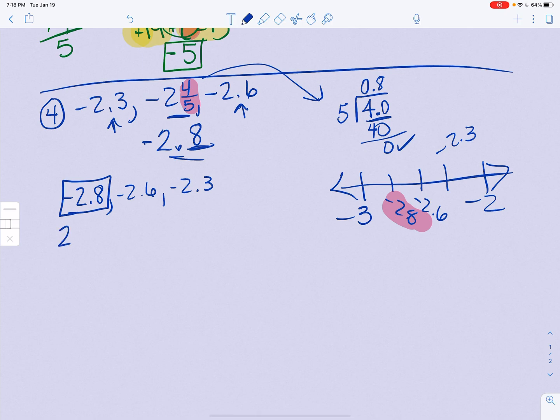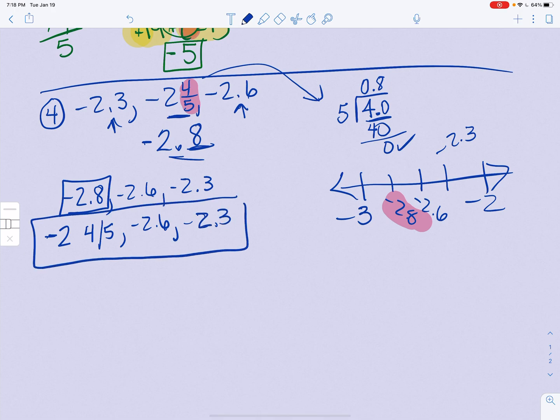So it'll be negative 2 4/5, negative 2.6, negative 2 3/10. So this is the final answer. Remember to put a space.